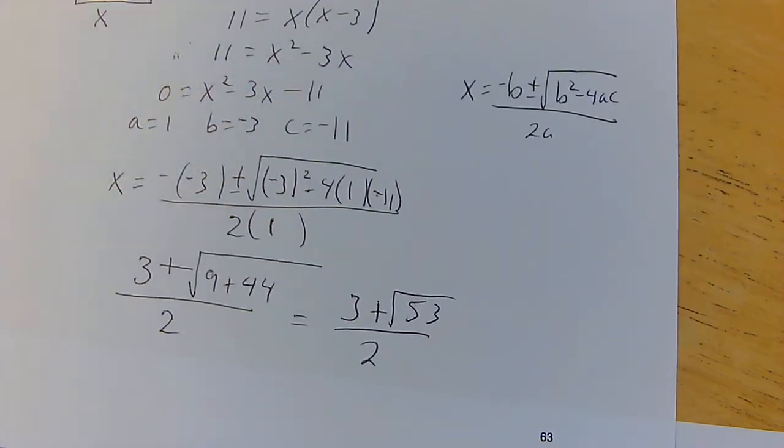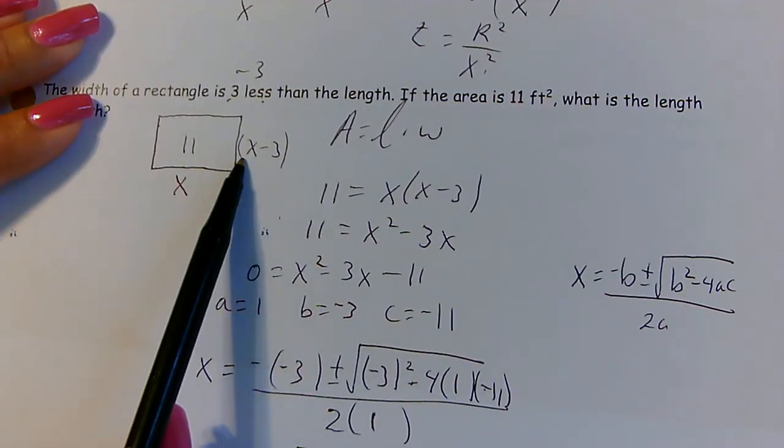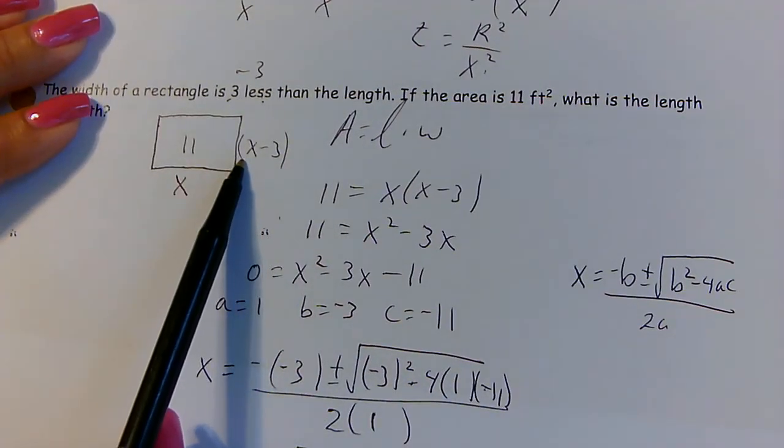Now notice I'm only using the plus because this is a measurement. I'm not going to have a negative measurement. Sorry, and it's in simplest radical form. So that would be x. And the width would be 3 less than.